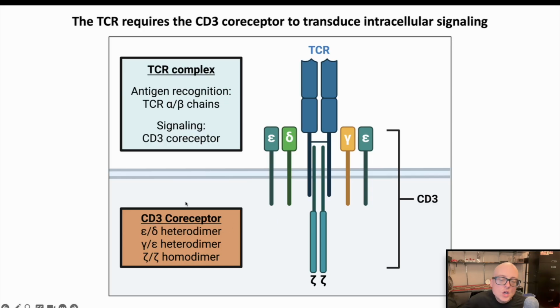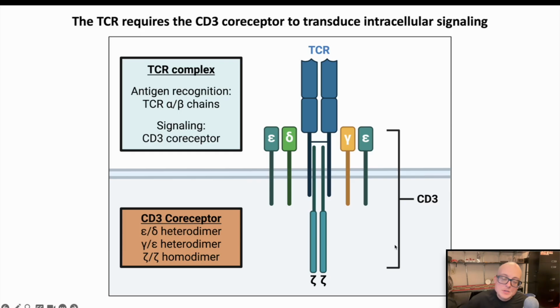And the CD3 co-receptor is a bit more integrated with the TCR itself. And so you can think of an overall TCR complex, which kind of has two parts or two modules, if you will. There's an antigen recognition module, which binds directly to antigen, and that is made up of the alpha beta chains of the TCR. And then there's sort of a signaling module, which is made up of the CD3 co-receptor.